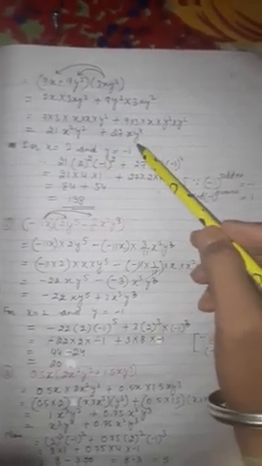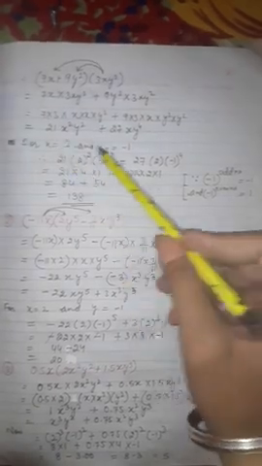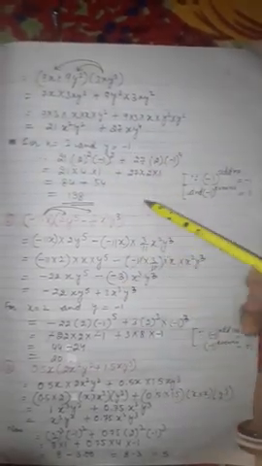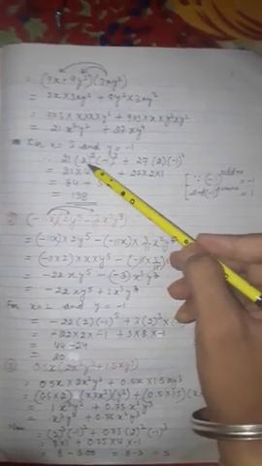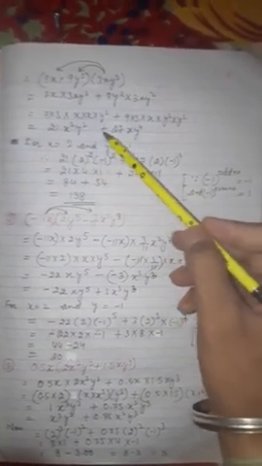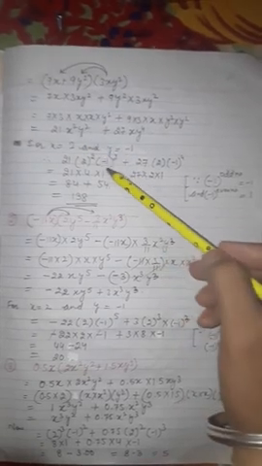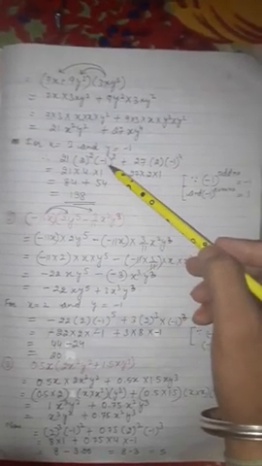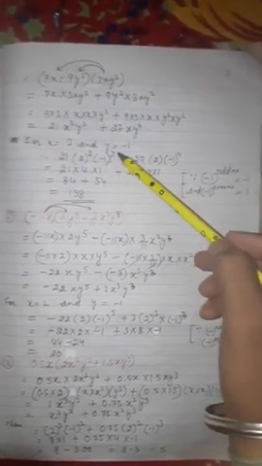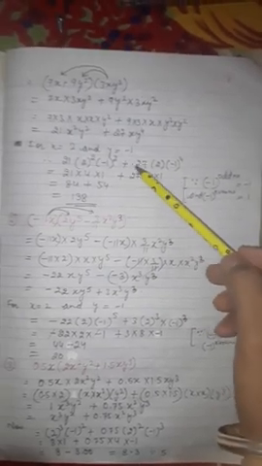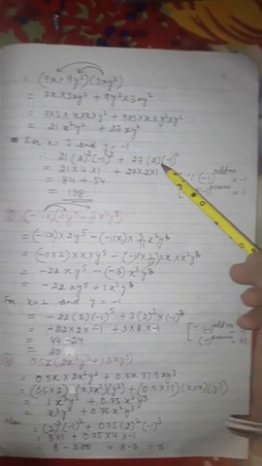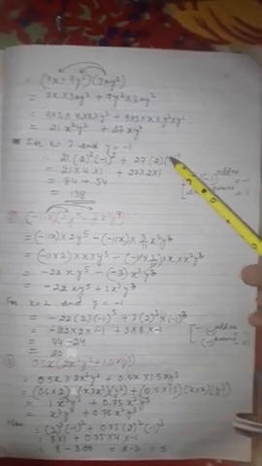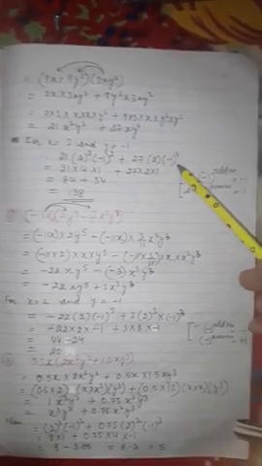Now we have to find the value when x equal to 2 and y is equal to minus 1. So 21 into x square, the value of x is 2, so it becomes 2 square, and then y square, the value of y is minus 1, so minus 1 square, then plus 27 into 2, x as it is, and y raised to power 4, that is minus 1 raised to power 4.